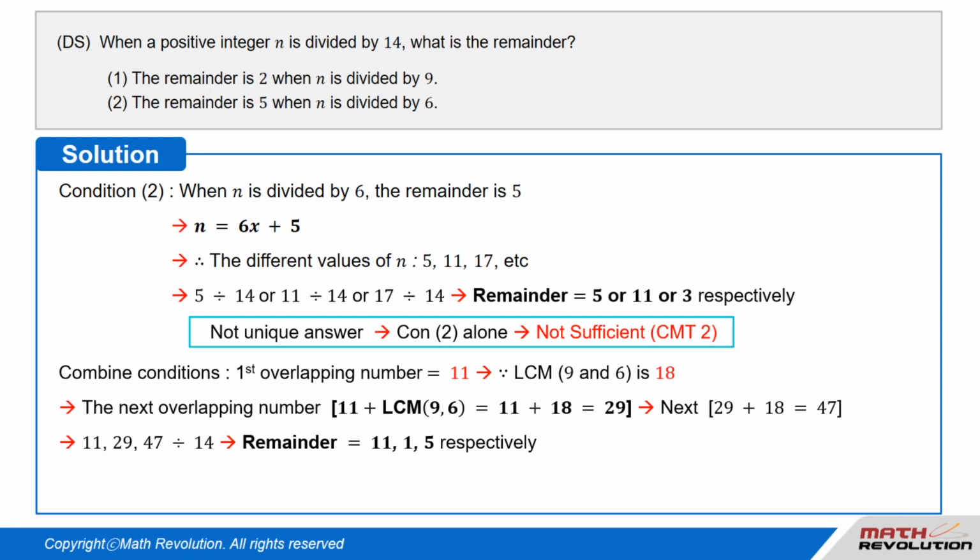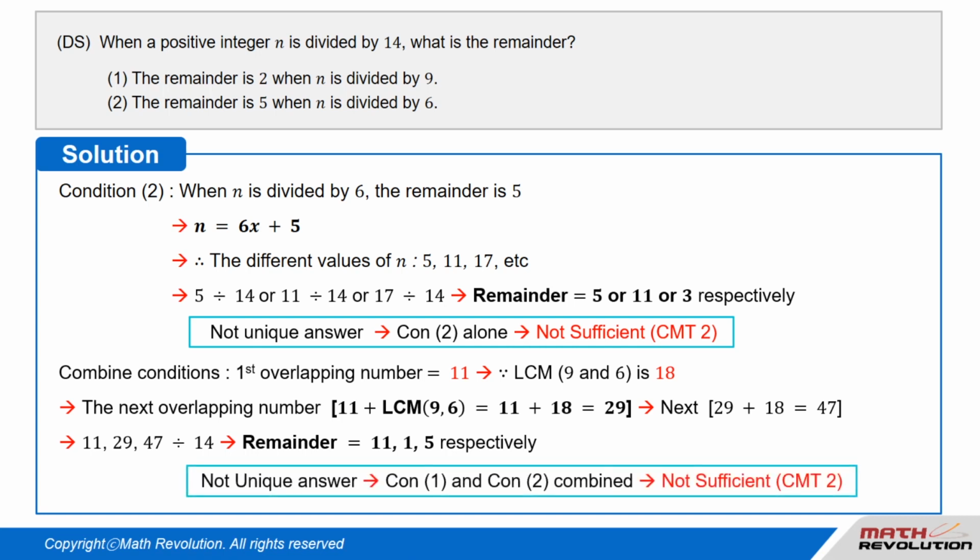Now, when 11, 29, 47 are divided by 14, the remainder is 11, 1, 5, respectively. Thus, both condition 1 and condition 2 together have no unique answer, and both conditions combined are not sufficient by using the variable approach and direct substitution, and by CMT2, which states the number of answers must be 1.